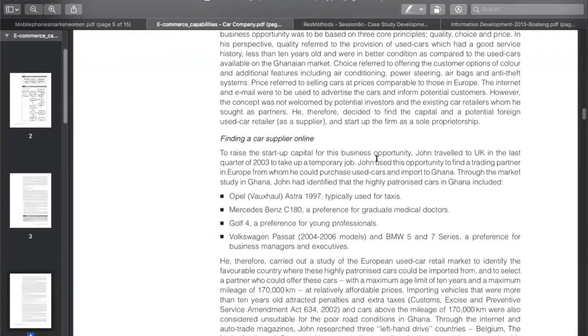To raise capital for his business opportunity, John traveled to the UK in the last quarter of 2003 to take up a temporary job. John used the opportunity to find a trading partner in Europe from whom he could purchase used cars and import to Ghana.